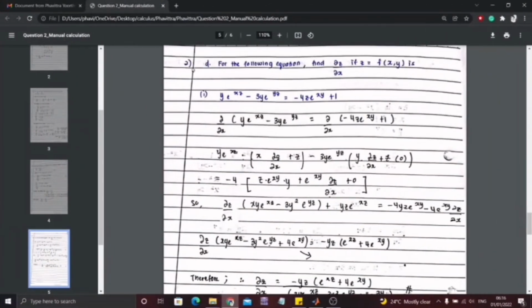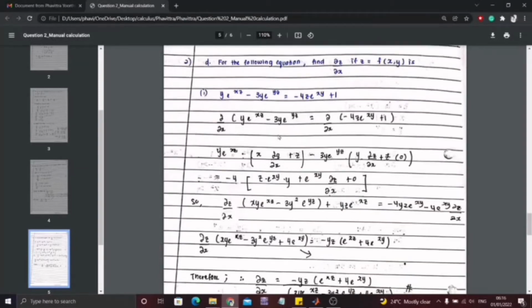For question 2d, it has two Roman parts. For the following equation, find dz over dx if z equals f bracket xy is Roman 1, y exponent xz minus 3y exponent yz equals negative 4z exponent xy plus 1.